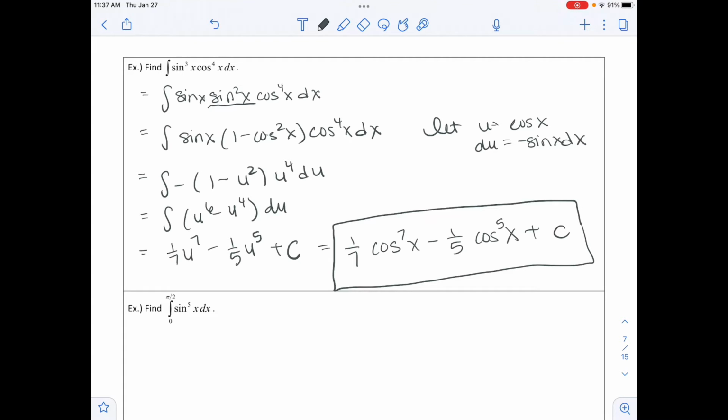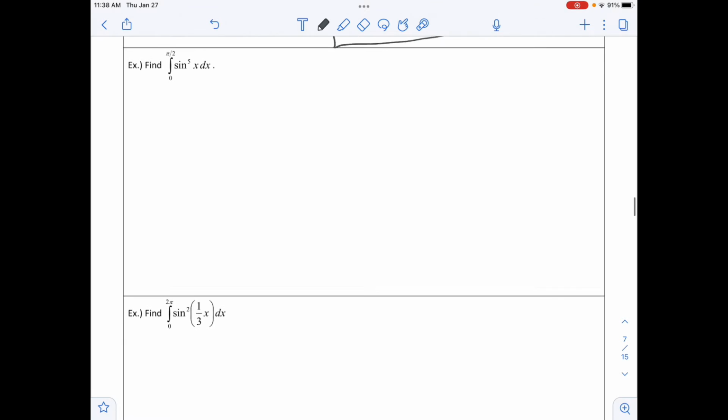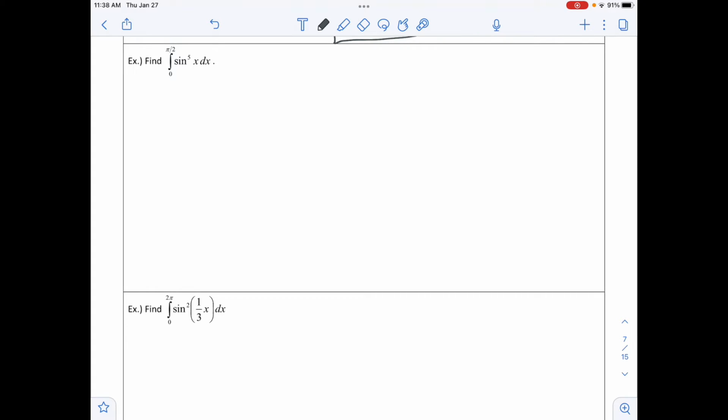The next example we have is a definite integral, and this one says find the integral from 0 to pi over 2 of sine to the 5th x dx. And since I'm only dealing with sines, and it's odd also, I'm going to break off one of those sines.